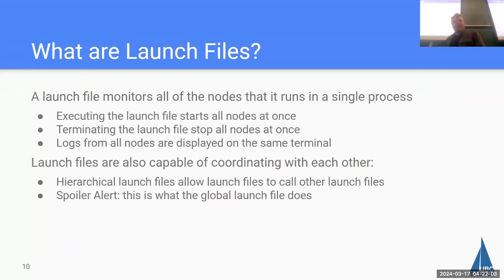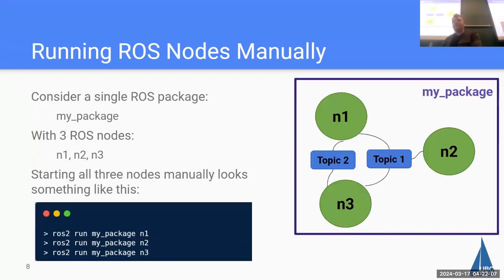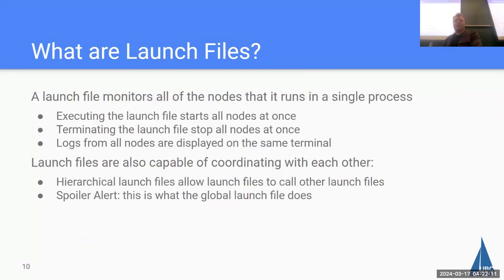And what I mentioned earlier is, remember how we have to launch a separate process for each ROS node? Well, what the ROS launch file does is that it monitors all of the nodes in a single process. So when you execute a launch file, it runs all of the nodes at once, and if you stop the launch file, it will terminate all of them for you at once.